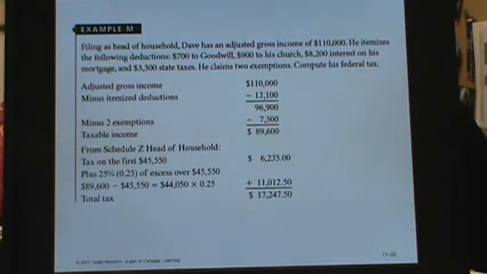You subtract that $45,550 and you get $44,050. That has to be multiplied by 25% to get $11,012.50. So you add those all together, and you get $17,247.50 that you pay in taxes if you're Dave.